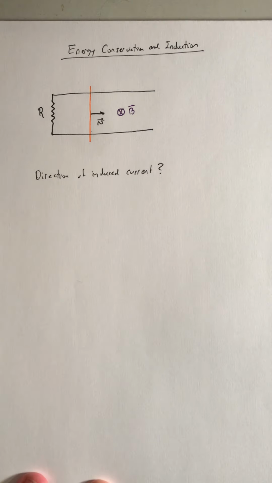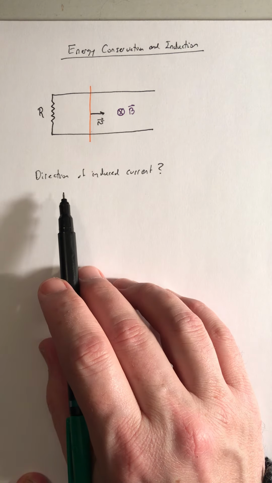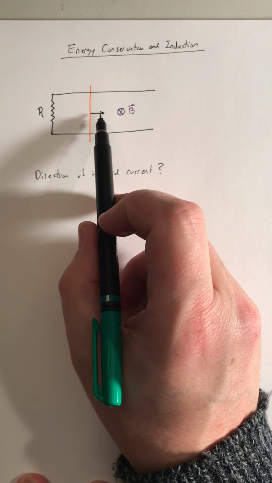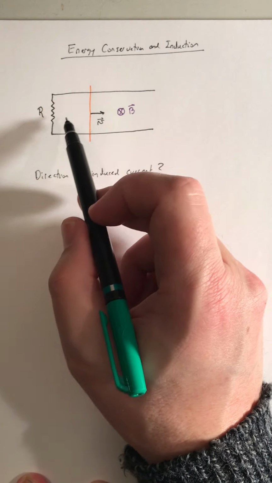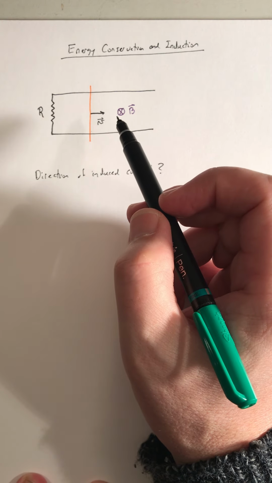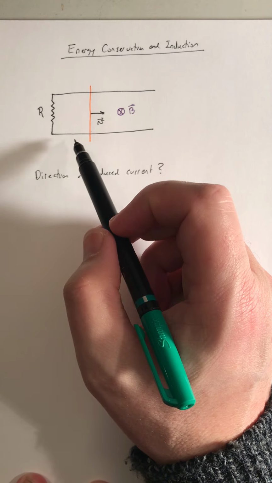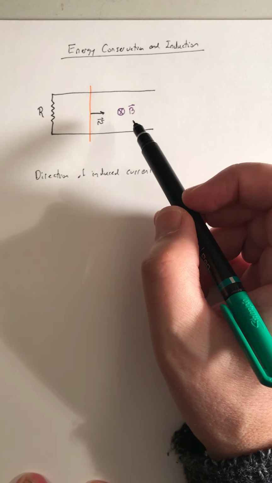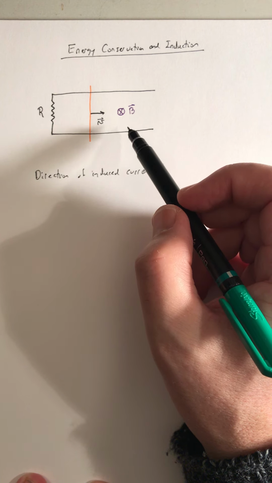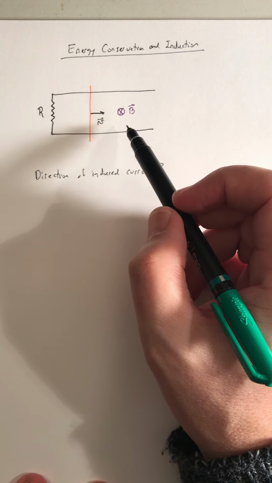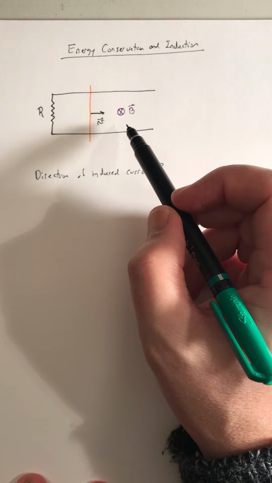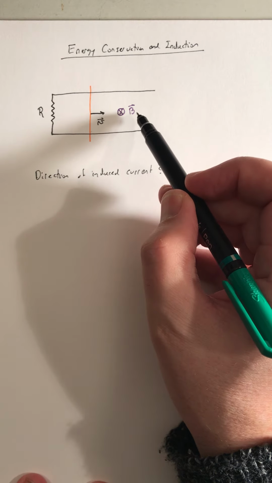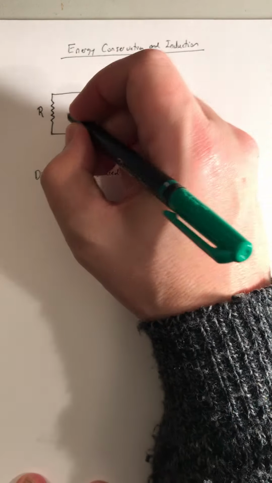So now let's think about what the direction of the induced current is. As this slider moves to the right, the area of the loop is getting larger with time, and so the magnetic flux is getting larger. From Lenz's law, to oppose the change in magnetic flux, I'm going to have a magnetic field with the opposite polarity as the applied field, which is into the plane of the page.